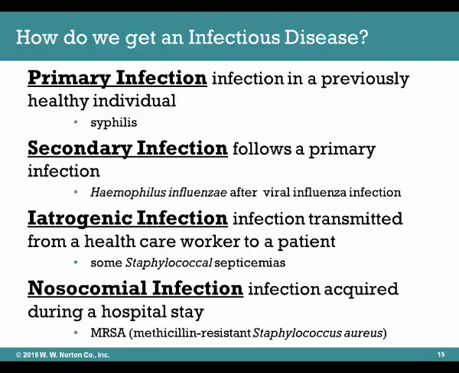You can also get an infection from a variety of sources. You can get it from your environment, from what you eat or drink, from a person that's already sick, but you can also get it from a healthcare worker, and there's a special term for that, and it's a key study within public health to understand these iatrogenic infections, because we want to limit that as much as possible.